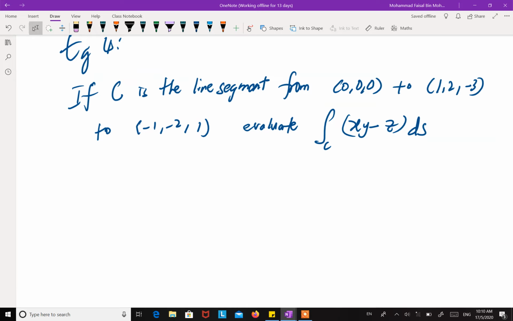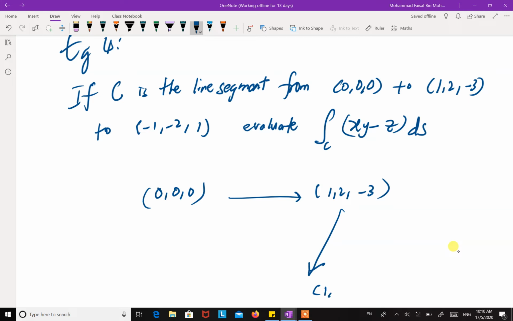So we have to think that we have (0, 0, 0), and then we have (1, 2, -3), and then we have (-1, -2, 1).